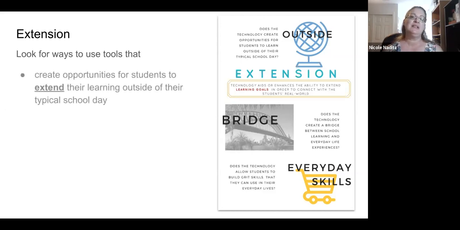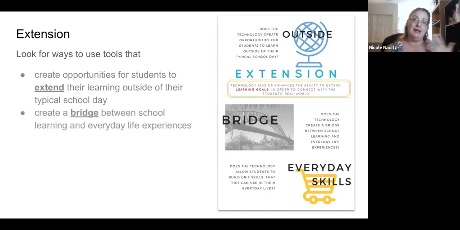So we're going to look for ways that use tools that create opportunities for students to extend their learning not only outside of their typical school day, which currently again has no meaning right now for them. Any time is learning time for them, which is kind of nice in a way. They don't associate learning with a particular moment of the day anymore.